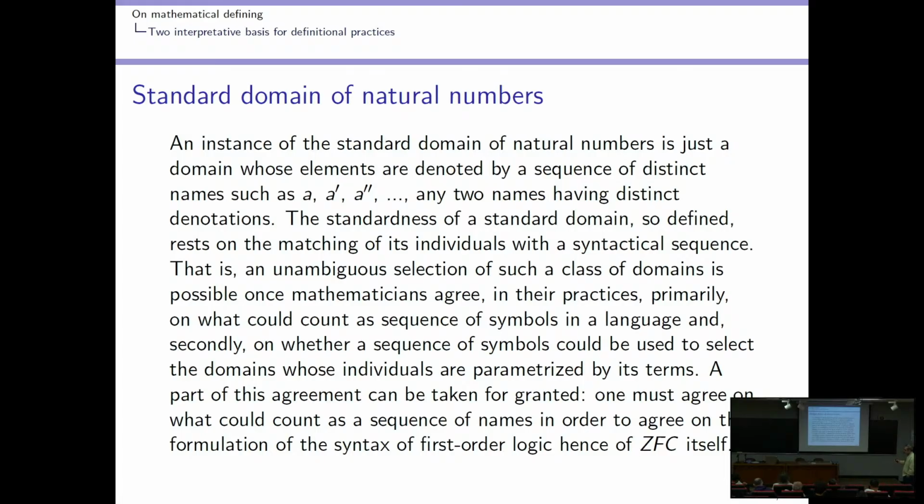So you define this class of structures and you study it in the same way within set theory, but in the interpretative layer, you have a distinguished instance, always a distinguished instance of the standard natural numbers.